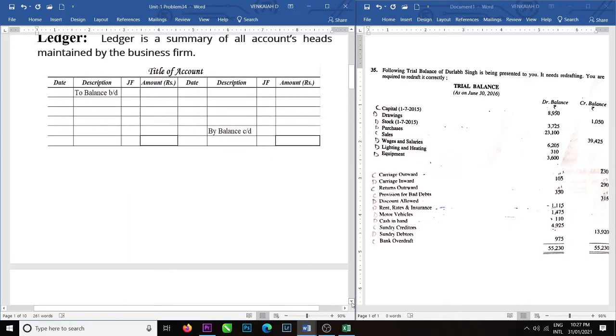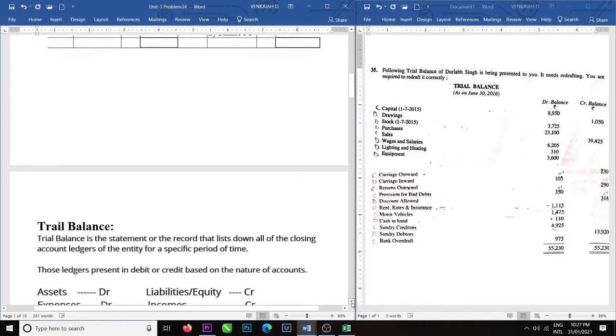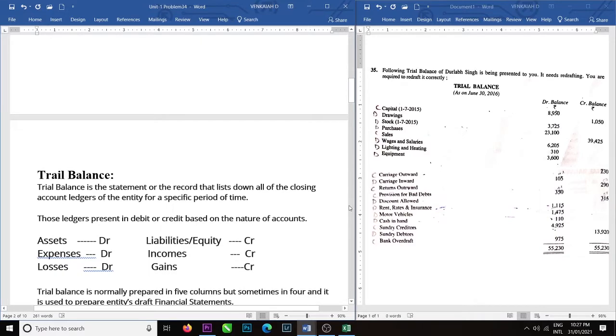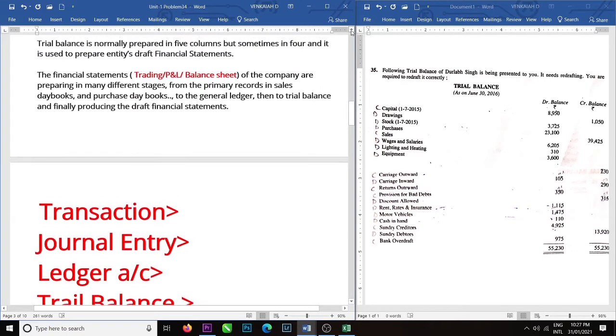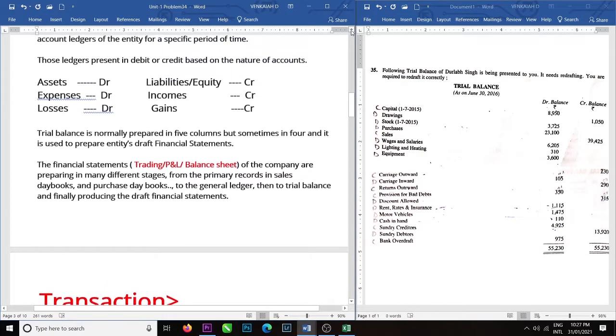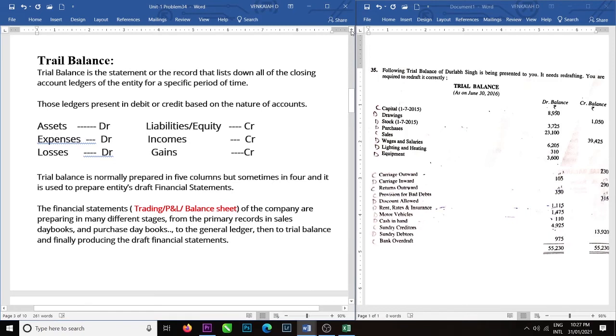That is trial balance. Why do we prepare trial balance? As usual, we post the transactions to debit as well as credit, and the debit amount is equal to credit. So at a point of time, we want to know whether we posted and recorded correctly or not.